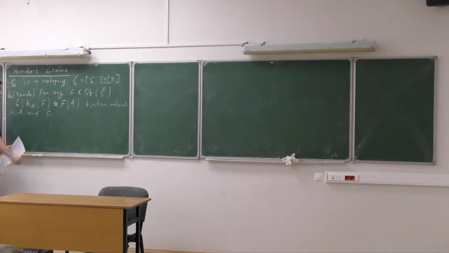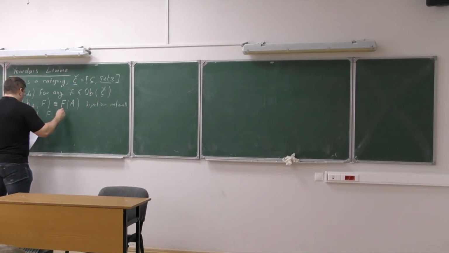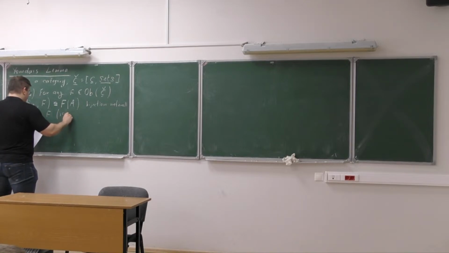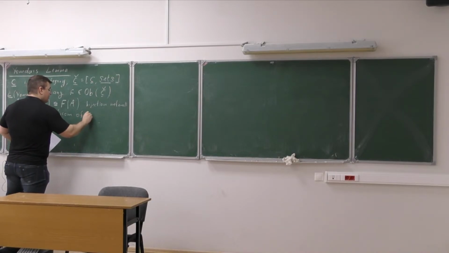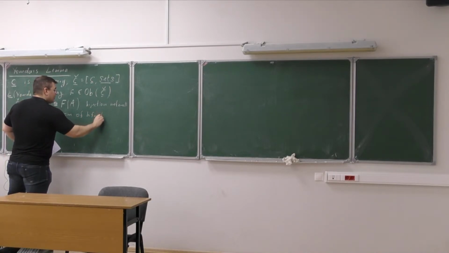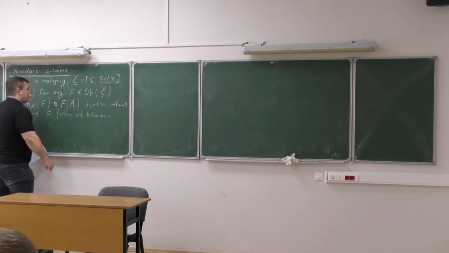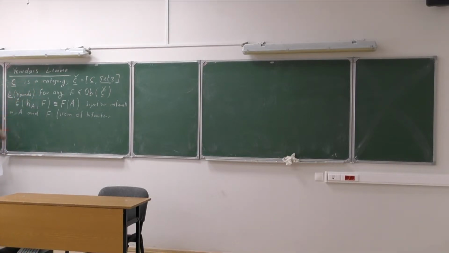Or in other words, if you prefer a different statement, we can say that this is an isomorphism of bifunctors, where we can interpret the left-hand side as a bifunctor and the right-hand side as a bifunctor.